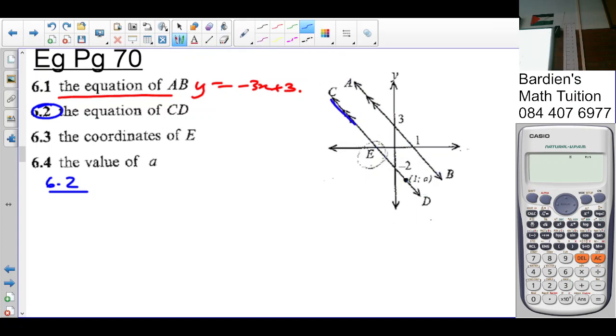Gradients are the same. So what is the gradient of AB? The gradient of AB is equal to the gradient of CD, which is equal to, what was the gradient of this line? Negative 3. Can you see that, people? It's easy.